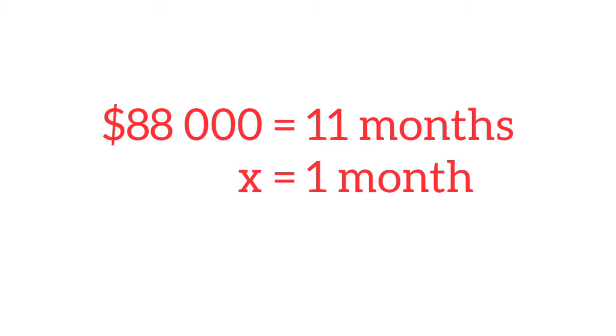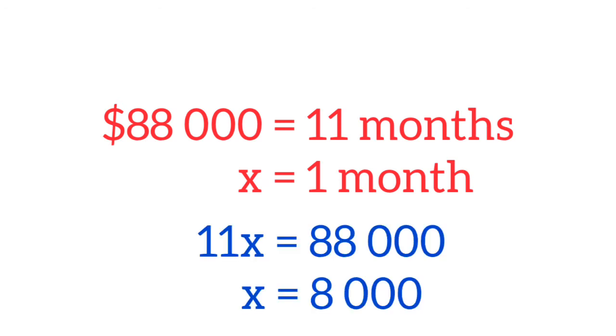So I want to calculate the 1 month that was not paid. I'm going to use cross multiplication. X times 11, you get 11x. 1 times 88,000, you get 88,000. Then you divide both sides by 11. X is equal to 8,000. So 8,000 is the salary for March that was unpaid, which is going to fall under the balance sheet heading current liabilities as salary owing.